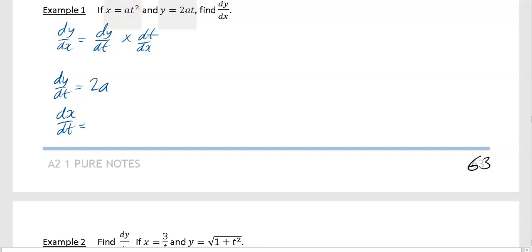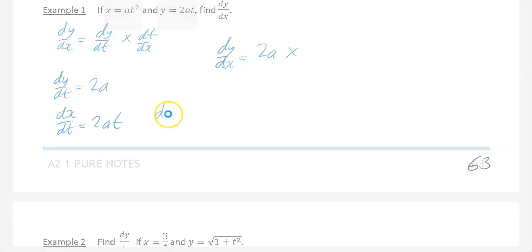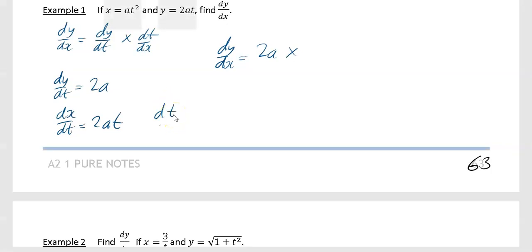And if you differentiate at squared with respect to t, you're going to get 2at. So that means dy by dx is equal to 2a, and then times, we need to find dt by dx, which is going to be 1 over 2at.